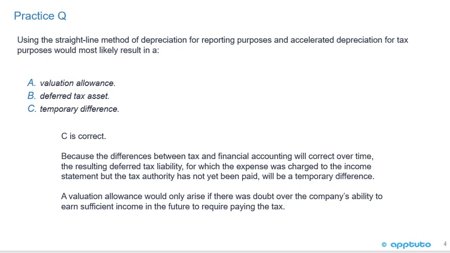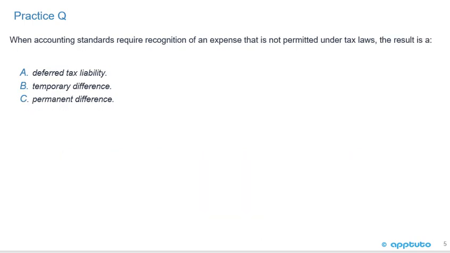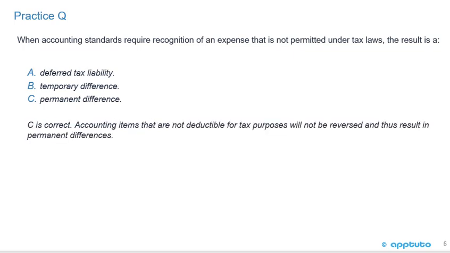A valuation allowance would only arise if there was doubt over the company's ability to earn sufficient income in the future to require paying the tax. Another practice question. When accounting standards require recognition of an expense that is not permitted under tax laws, the result is A, a deferred tax liability, B, a temporary difference, or C, a permanent difference.